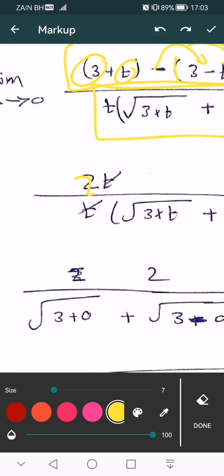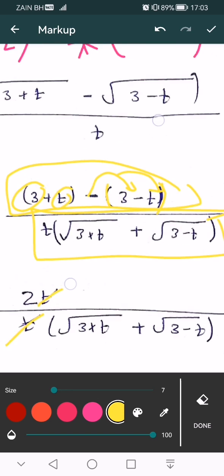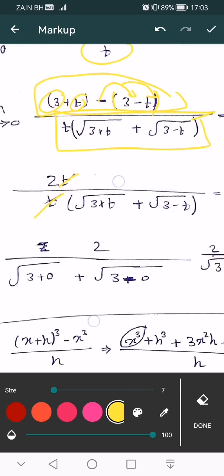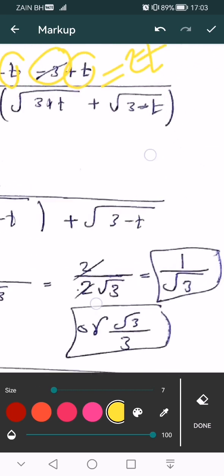I have 2t, and I will not touch the bottom, so they cancel each other, t over t, because this one I have t multiplied by the whole bracket from the beginning of the question. Then yeah, so I cancel, and the remaining will be with us.